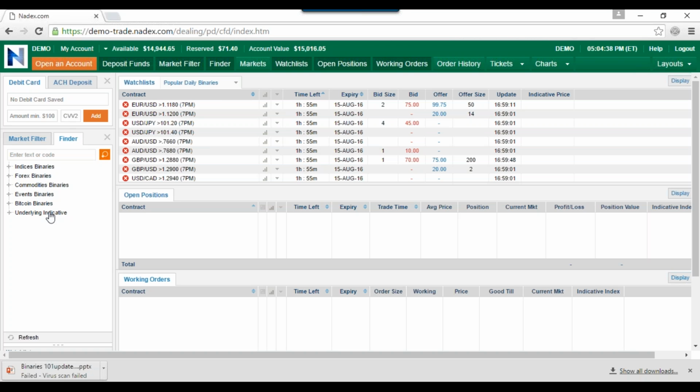It's a great place to practice any strategies or systems that you come across that you want to test and master. Get them down in demo and perfect them in demo, and then move over to your live account. To open a live account with Nadex requires just a minimum of $100, as you see here. So it's very easy to open an account with Nadex and get going.